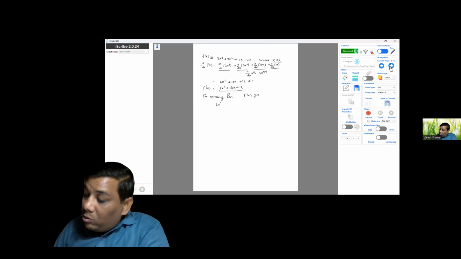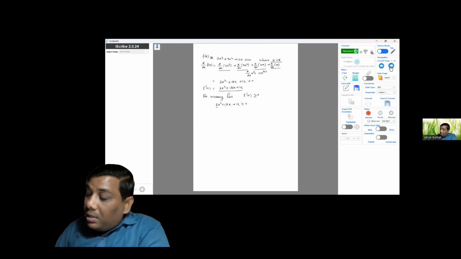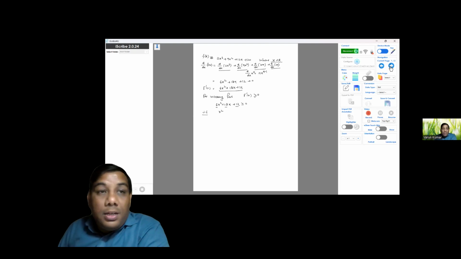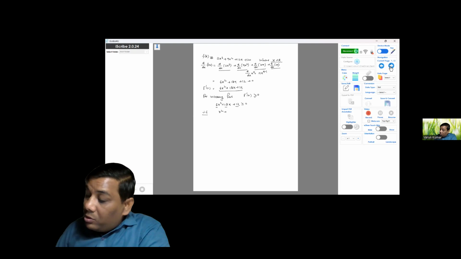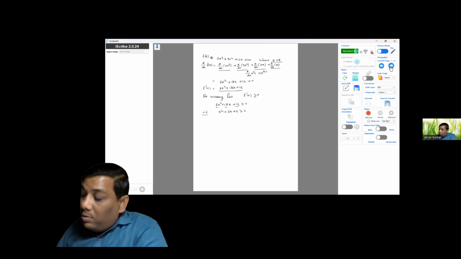Now 6x^2 + 18x + 12 is greater than or equal to 0. Here 6 is common, so we can divide by 6. Now x^2 + 3x + 2 is greater than or equal to 0. The factors of this are (x + 1)(x + 2).